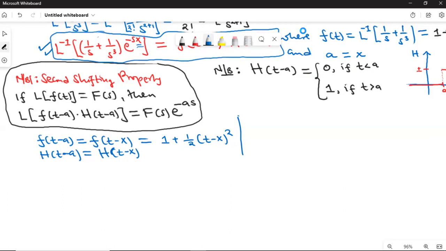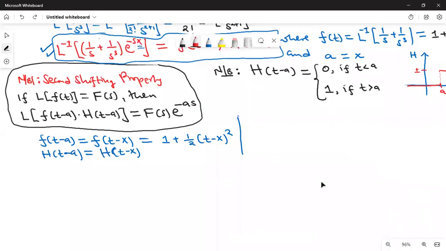So we are saying that now L inverse of 1 over s plus 1 over s cubed times exponential negative sx will now be the product of what we got here and this.